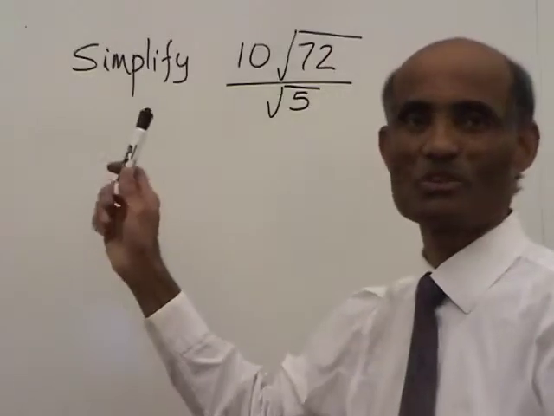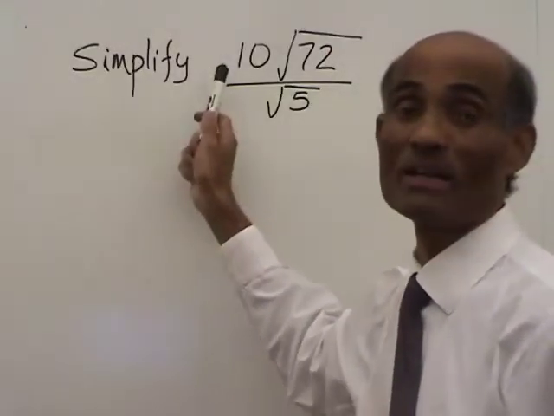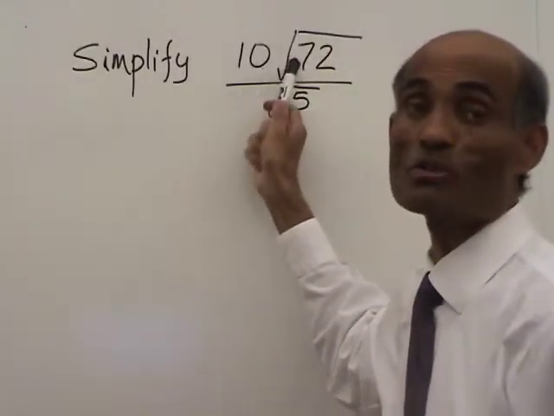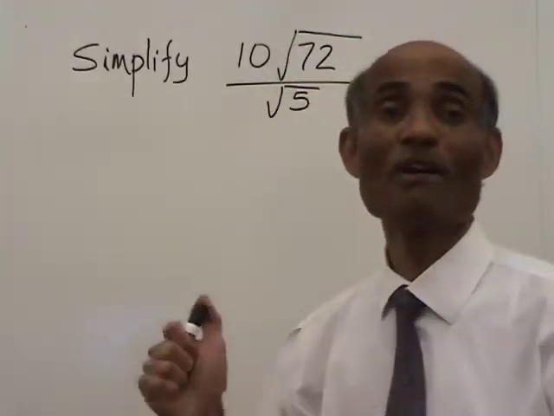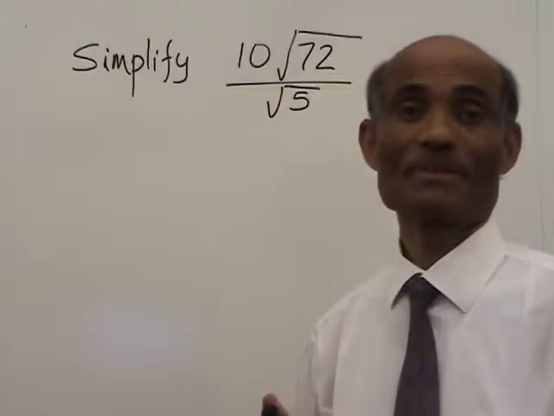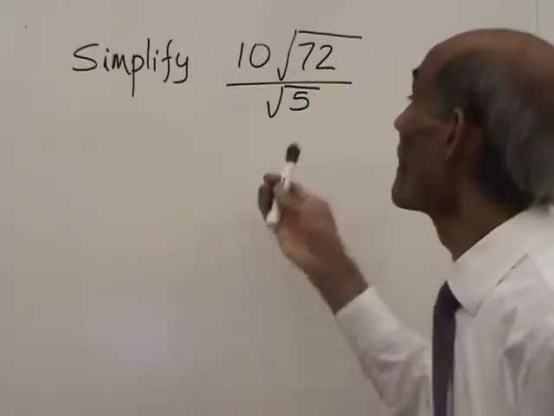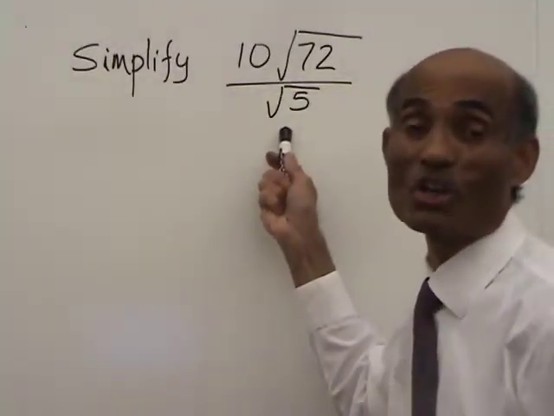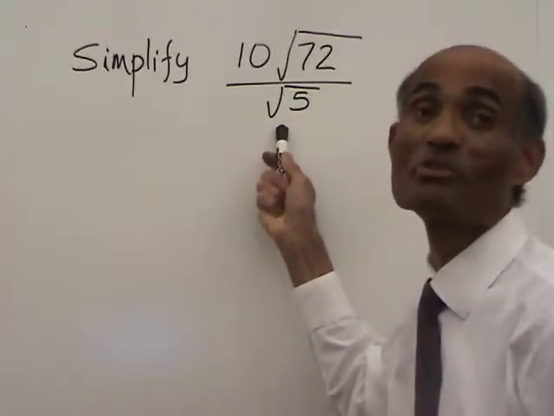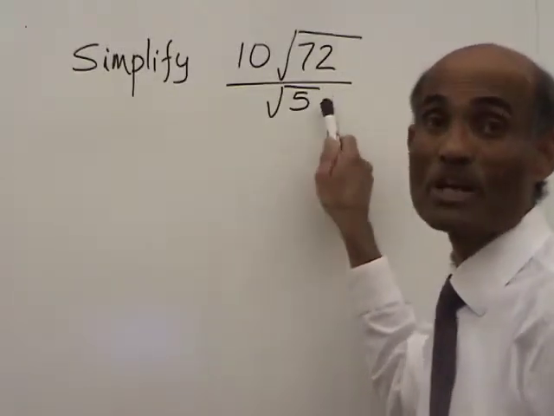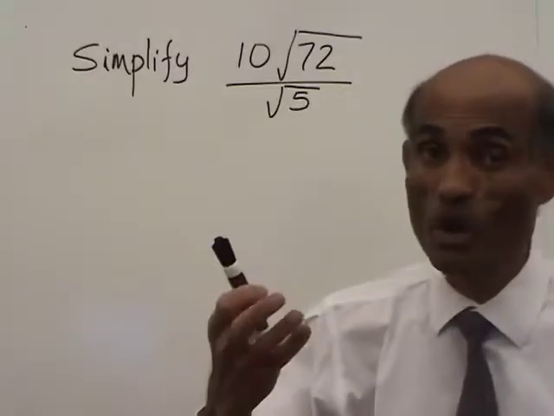Okay, look at this question. Simplify. 10 over square root 72 times square root of 5. Well, you cannot have a radical in the denominator. So the first thing we are going to do is multiply the denominator by what?